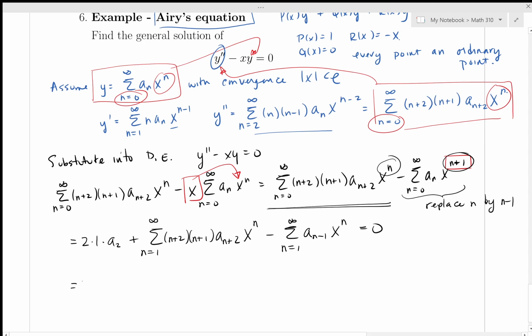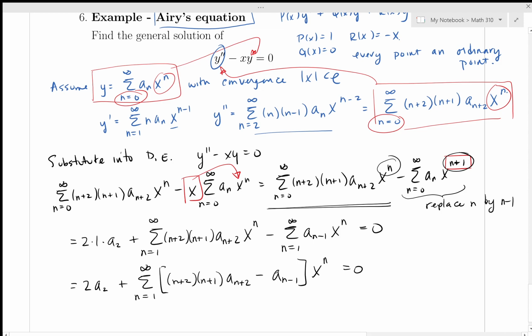That's going to be 2a2 plus the sum n equals 1 to infinity. And what do I have? I have the coefficients on x to the n: (n plus 2)(n plus 1) a_(n plus 2) minus a_(n minus 1). That is the coefficient on x to the n.